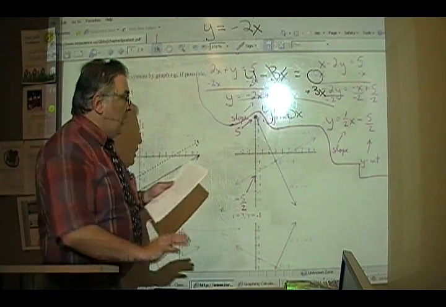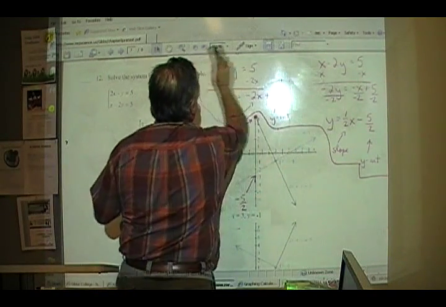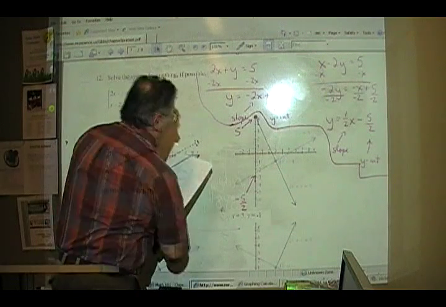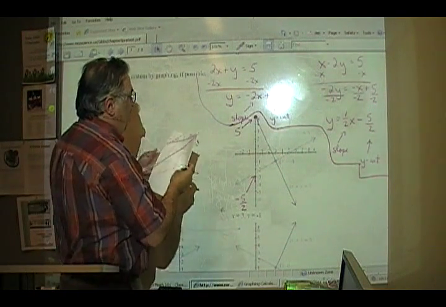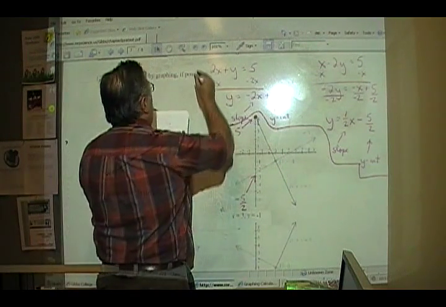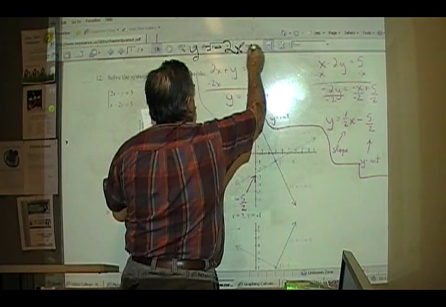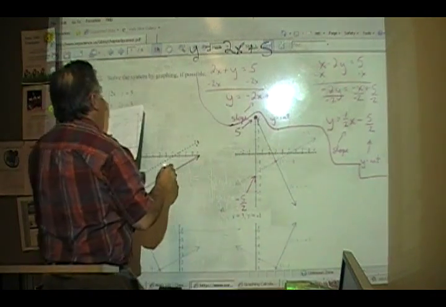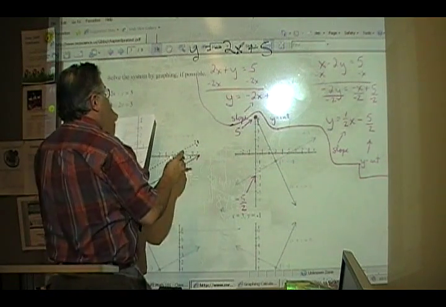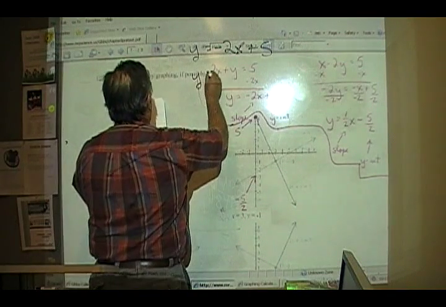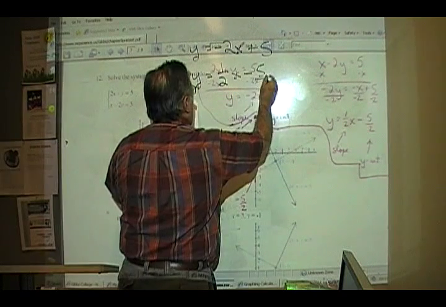So what I did was I wrote each of the equations in the slope-intercept form. And you'll see the explanation in the notes. In other words, the first equation, 2x plus y equals 5, that became y equals negative 2x plus 5. The second equation, where it said x minus 2y equals 5, that became y equals 1/2 x minus 5/2.